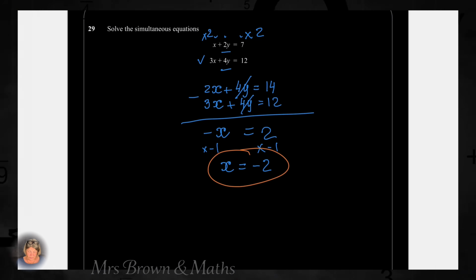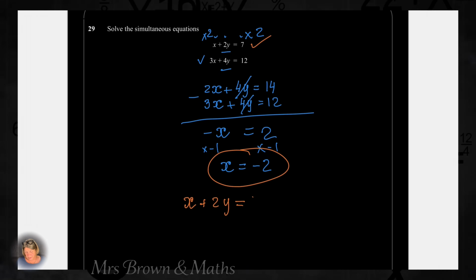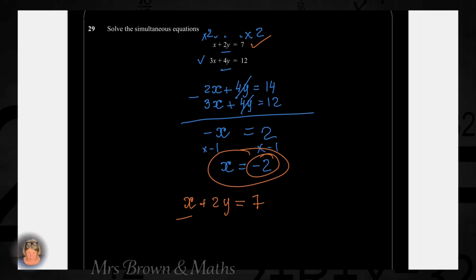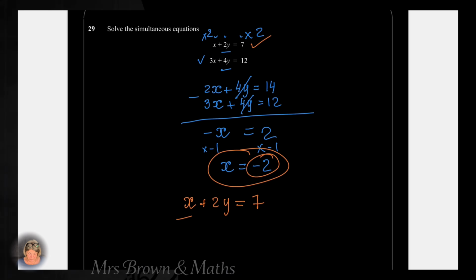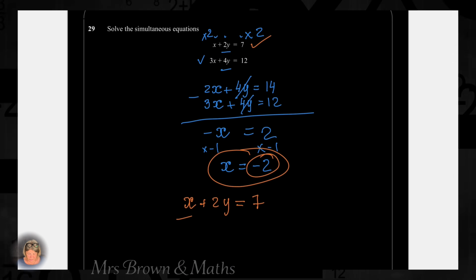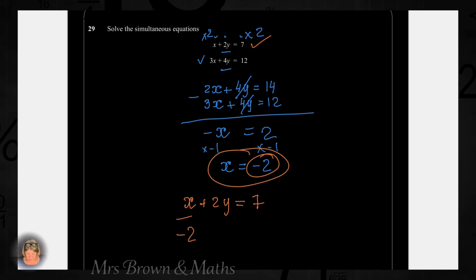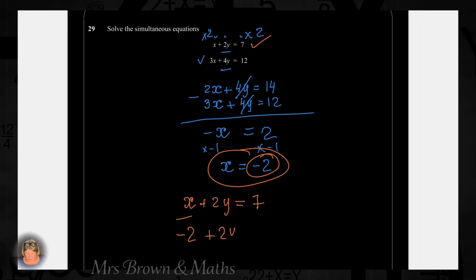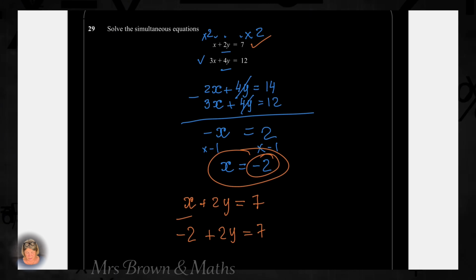Right, now choose one of the equations. I will choose the first one. So x plus 2y equals 7. And I know the value of x now, it's minus 2. So I substitute this answer into this equation. Minus 2 plus 2y equals 7. And solve this equation.